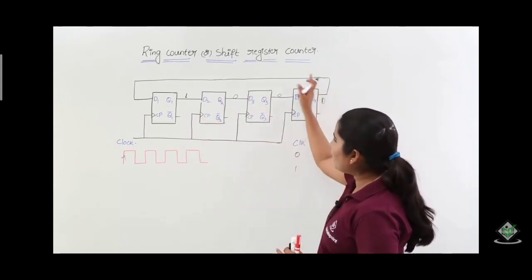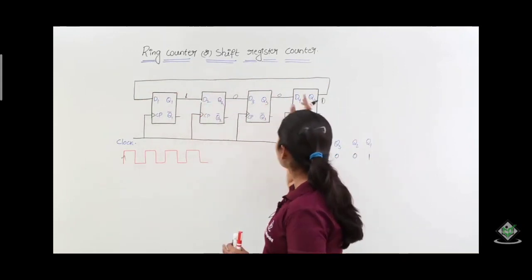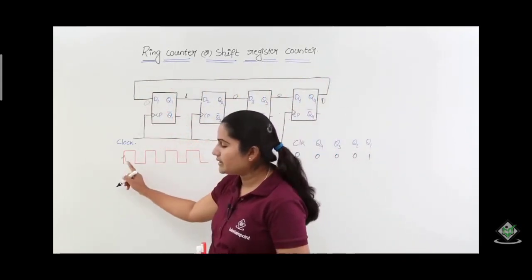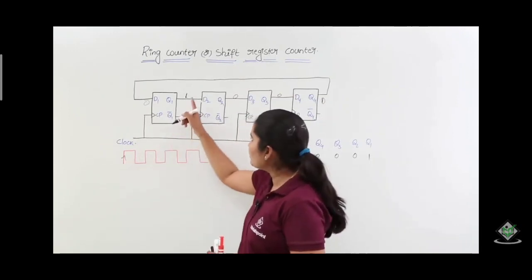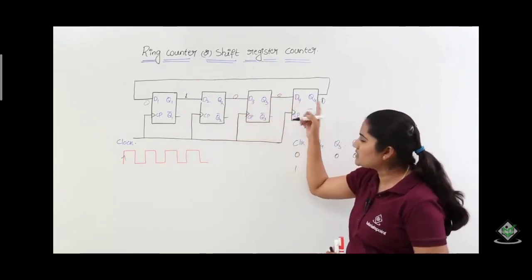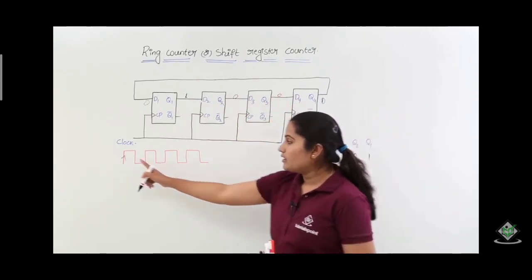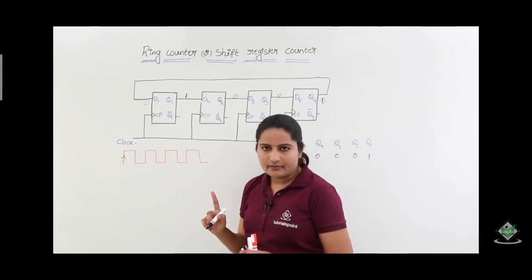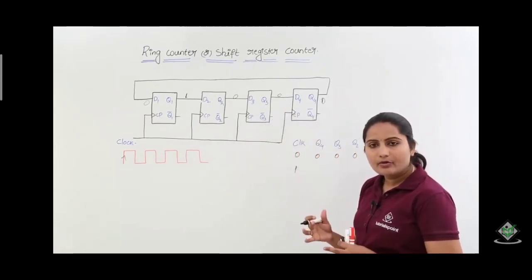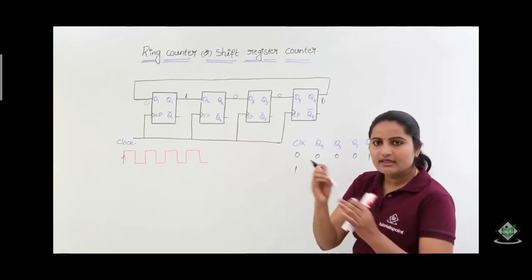So, I am just noting inputs for each and every flip flop. This 0 will come here as input at the time of the first clock pulse. So, this 1 is given here, this 0 is given here, this 0 is given here whenever we are giving the first clock pulse. Now I have given the first clock pulse. What the D flip flop is going to do is just give that input to the output.